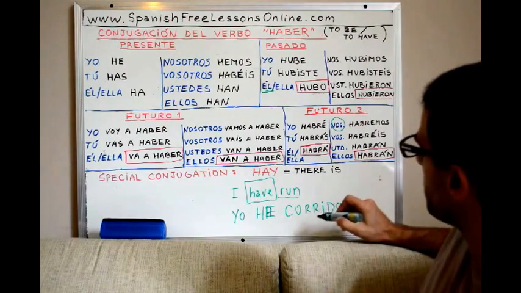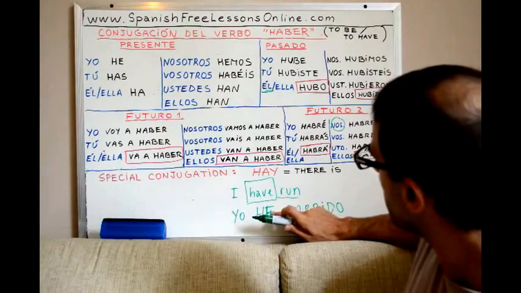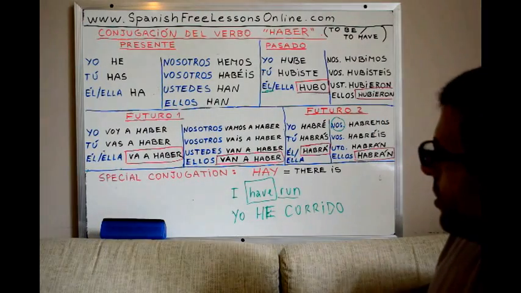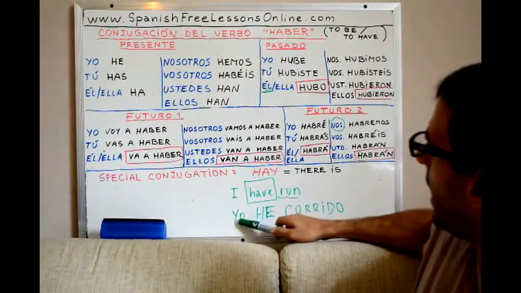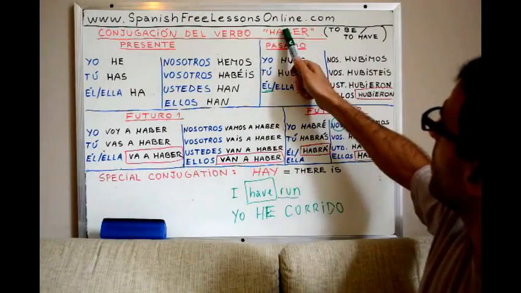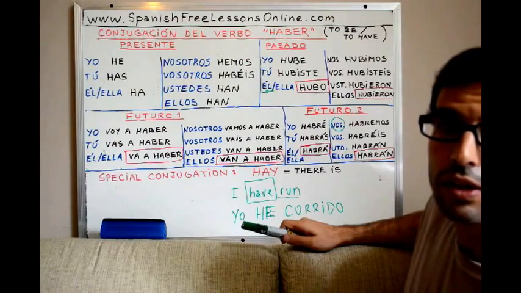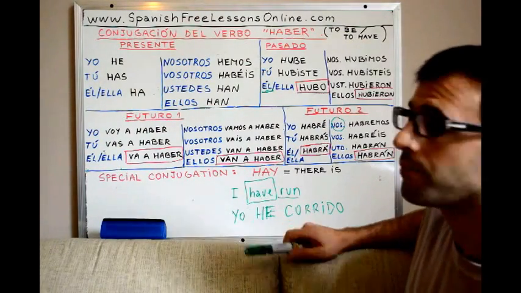Okay? Yo he corrido. This is a conjugation. Yo he corrido. I have run. Okay? So here the verb haber has a correlation with the verb to have.